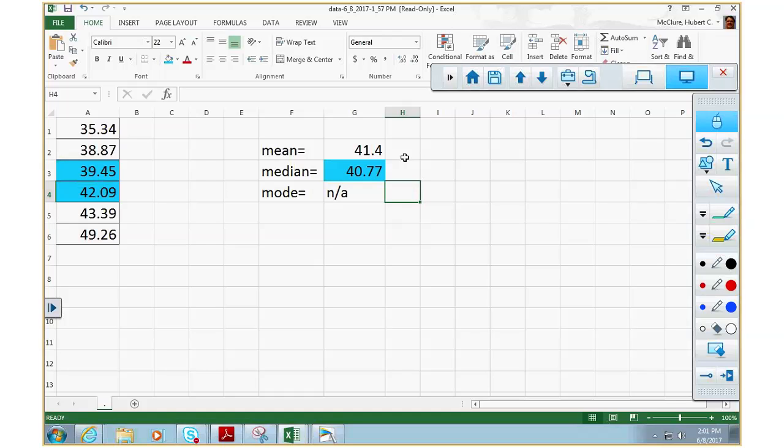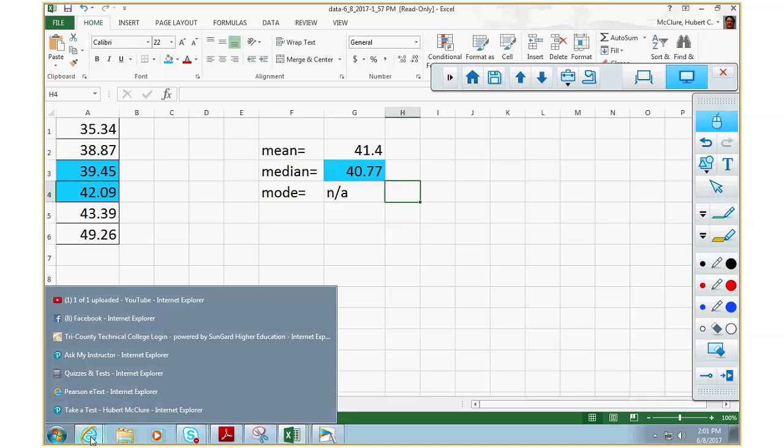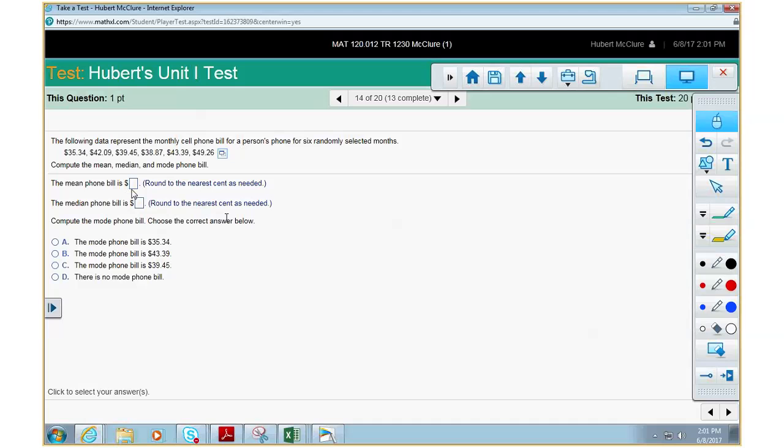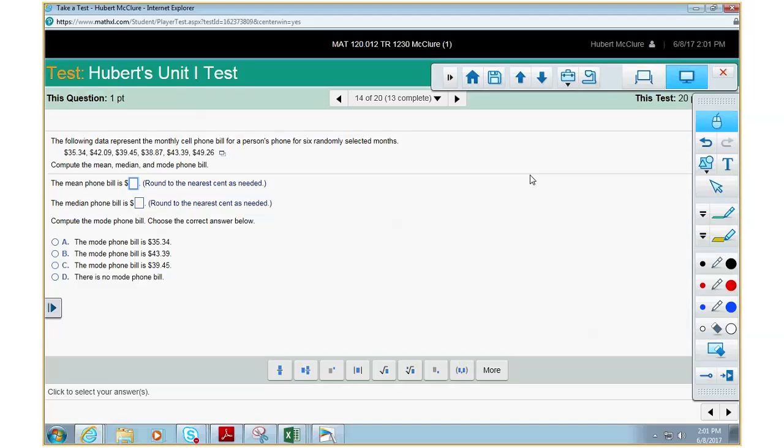What did it say? To the nearest what? So 41.4 and 40.8. Nearest cent. So it'd be 41 cent, both. Okay, I was thinking of dollars. I'm sorry. Let's see. 41 and 41.